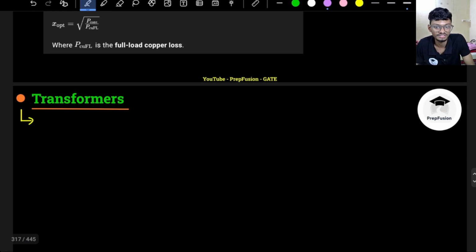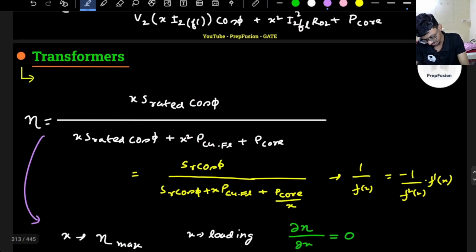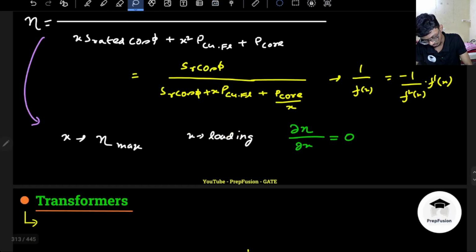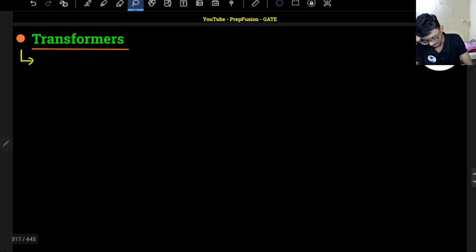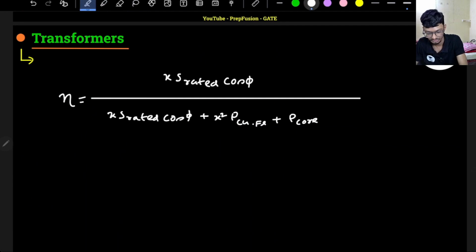Okay. Now let's derive for the power factor. If I want to derive with respect to power factor, what will happen? So the same expression I will again bring it back. So this actual efficiency expression I will copy. So everything is constant, loading is constant, but power factor I am varying. So now I will differentiate with respect to phi, because if power factor is constant, that means the angle phi is constant.